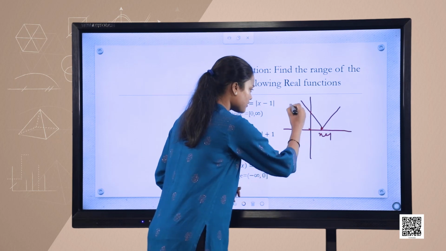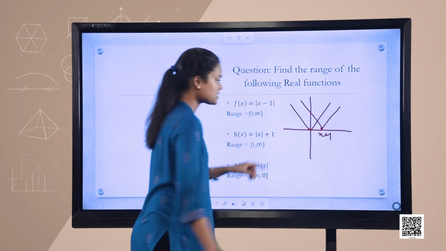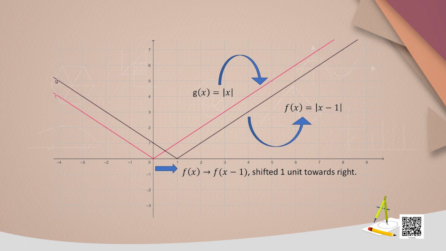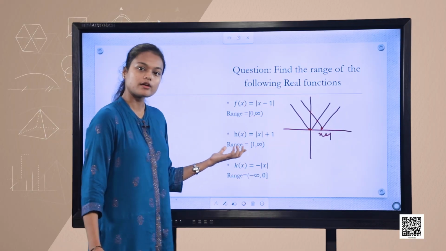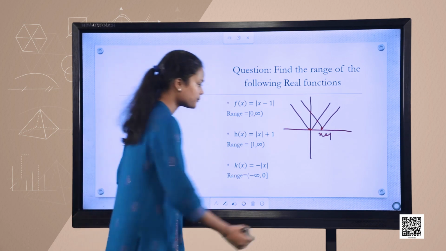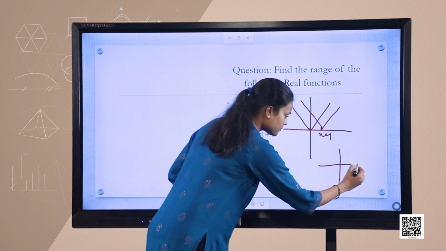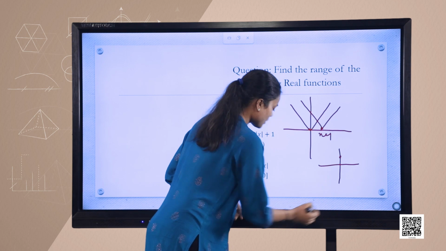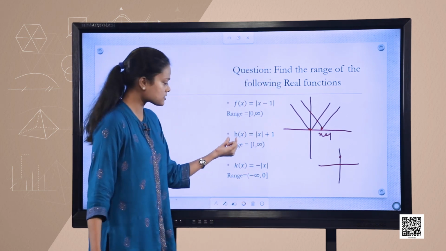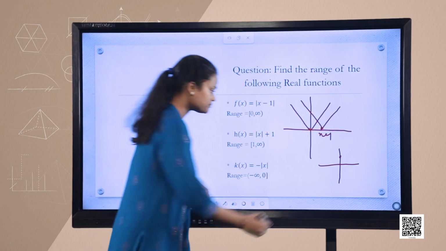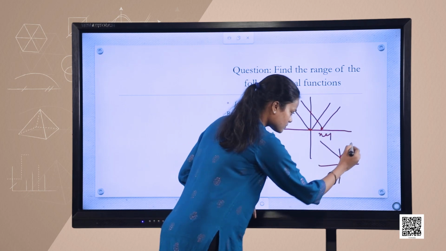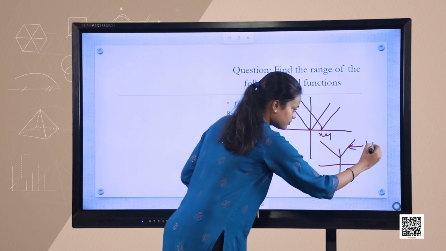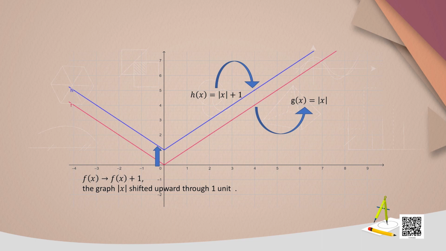The graph that we have is mod x, and the graph will shift towards the right. In h of x, the graph will move upward. When x is equal to 0, what is the value of h of x? It is 1. So this is the graph of h of x.